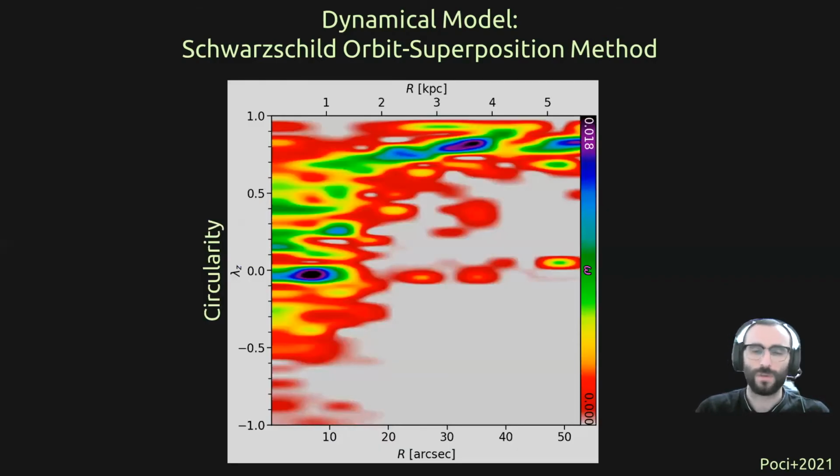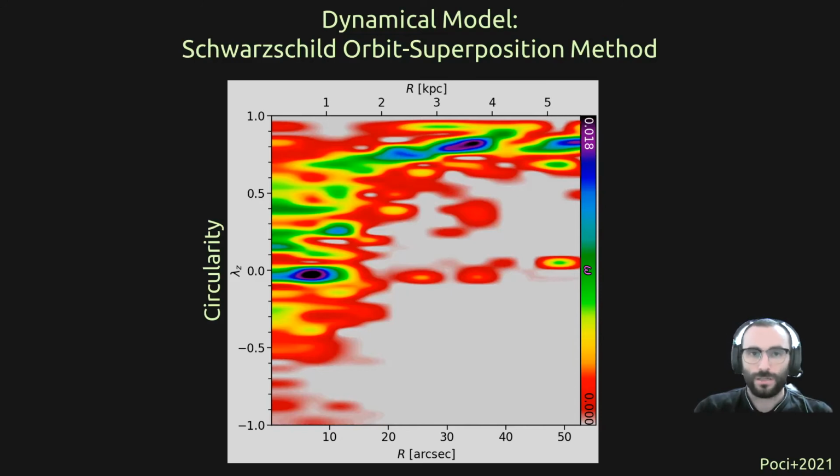One such parameter is the circularity, which I show here on the vertical axis. The circularity is a measure of the angular momentum around the short axis of the galaxy, normalized by that of a circular orbit. So circularities of 1 or -1 are circular orbits, which are co- or counter-rotating, and circularities of 0 are basically pressure supported orbits.